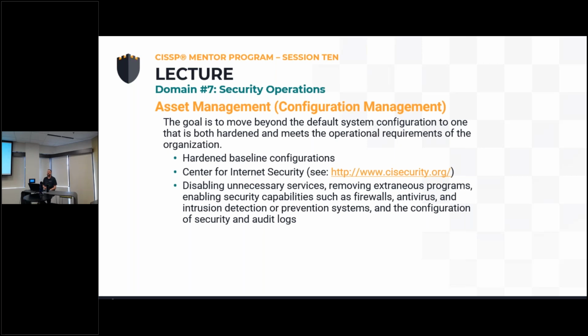Do we need DHCP client running on servers? No, probably not. Servers are typically going to have a static IP. Let's turn it off, right? What services on there in Windows that come on by default are we disabling? What are we turning on that isn't turned on by default? Right? PowerShell logging is not on by default. Let's turn it on.